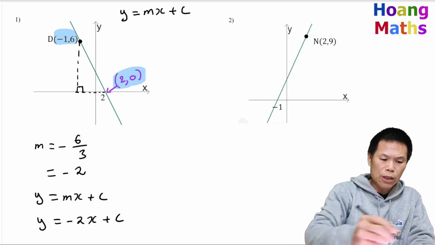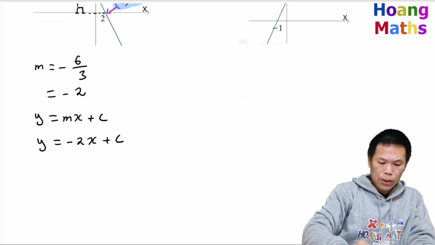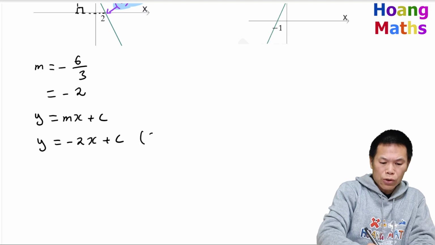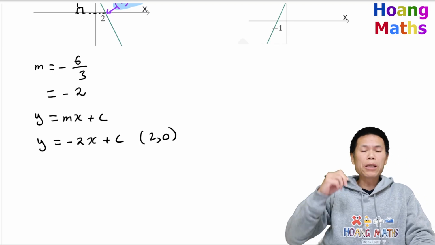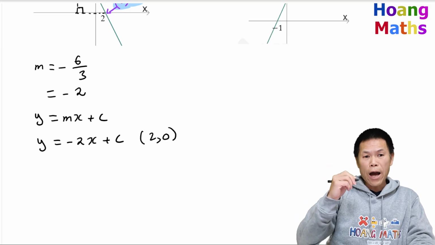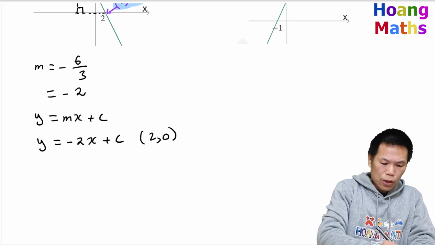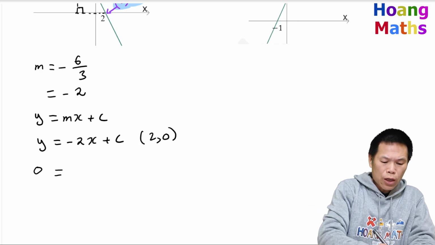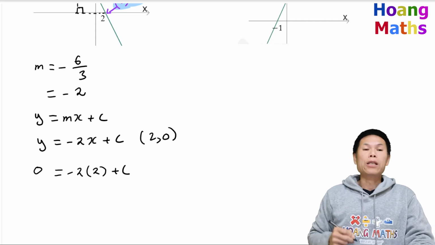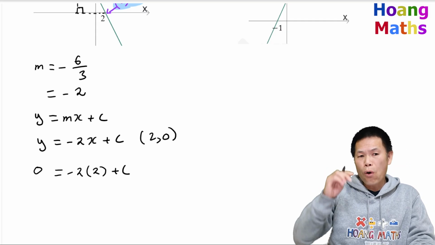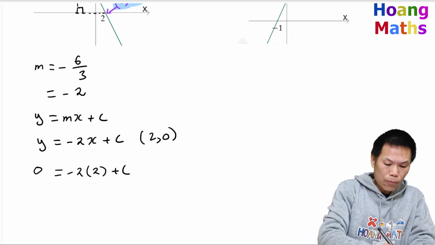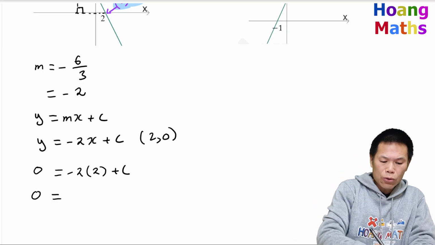Let me just write this down. I use (2, 0), so when x is 2, y is equal to 0. So 0 equals -2 times 2 plus c. 2 times 2 is 4, so that gives us -4. So 0 equals -4 plus c.